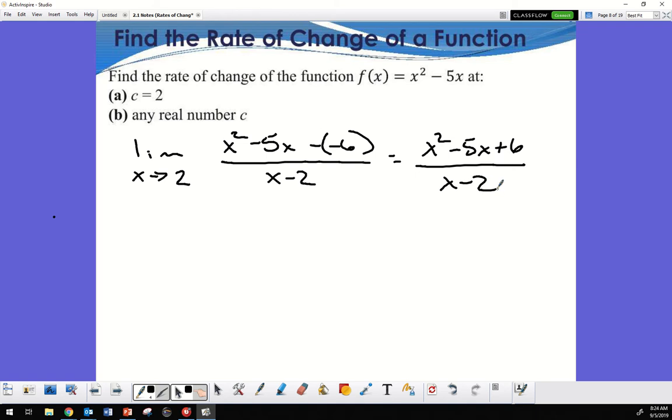And you guys look at that, and everyone should say factor that, right? So we're going to factor that. So if we factor that, what do we get?